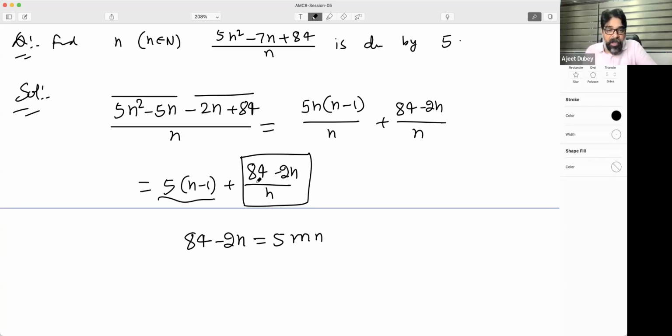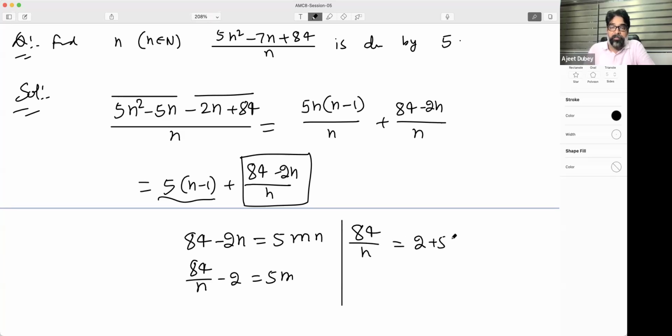This quantity must be 5 into something times n, otherwise n will not get cancelled. So 84 by n minus 2 must be a multiple of 5, say 5m. And from here 84 by n must be equal to 2 plus 5m. So n must be equal to 84 divided by 2 plus 5m.